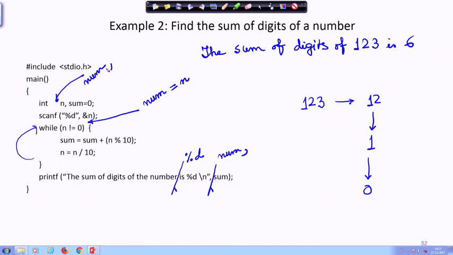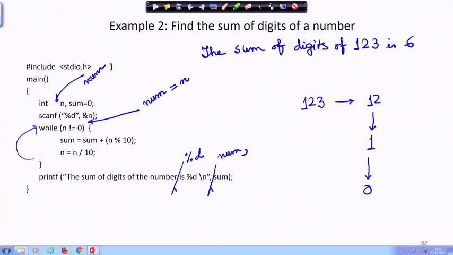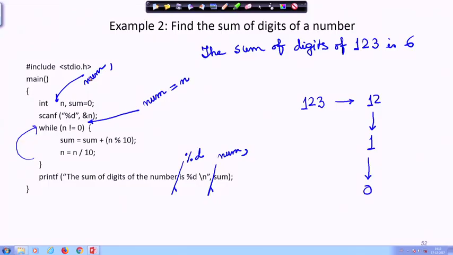I must declare it num as an integer, otherwise it will give you syntax error. All right. So, this is another nice example of while, using which we can find the number of digits, the sum of the digits of a number, right.